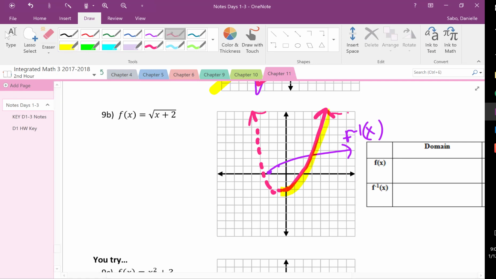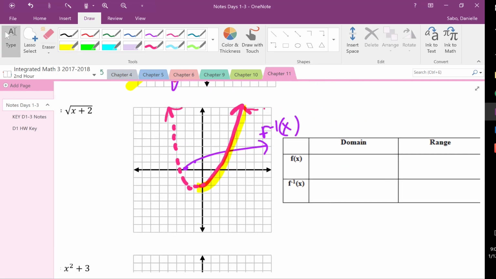Why? Because when we talk about our domain and range of our original function, which is in purple, what is the domain, left to right, of our radical function here? I start here and I go on. What's the domain? Good. -2 to positive infinity. So what must that mean then for the range of my inverse?